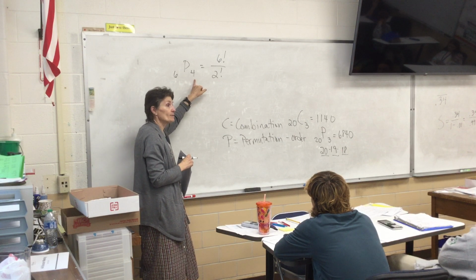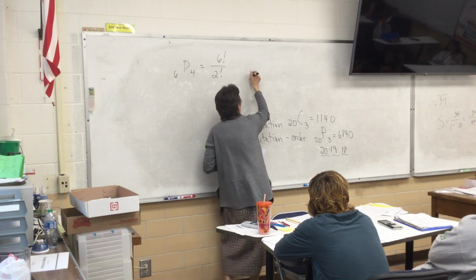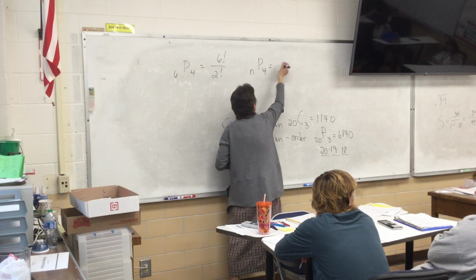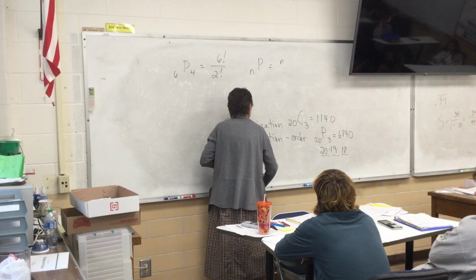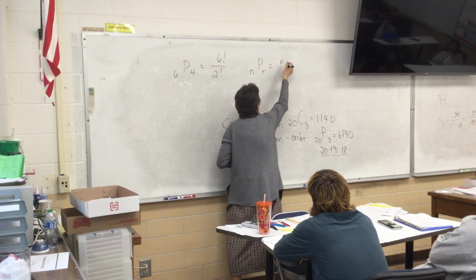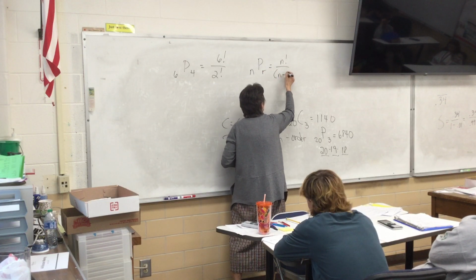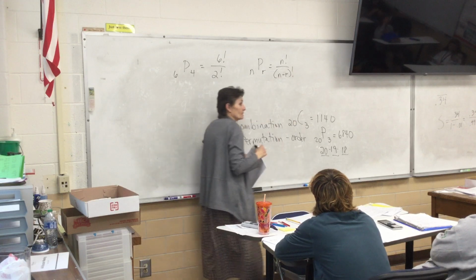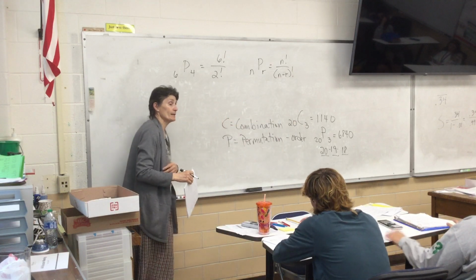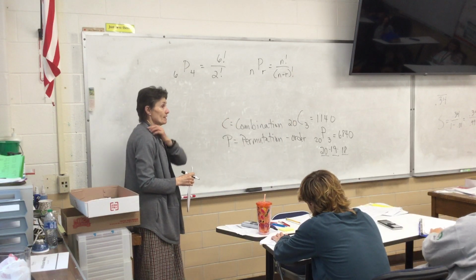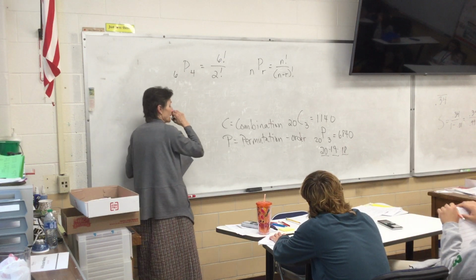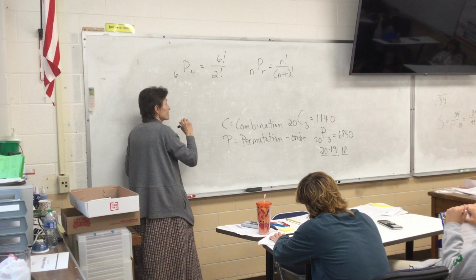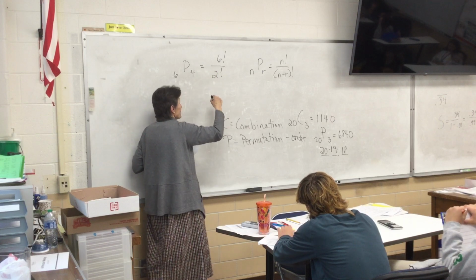The difference. So in general, nPr is n factorial over n minus r factorial. That's how you can calculate a permutation if you can't use a calculator. Now, the nice thing about these is some things always cancel.